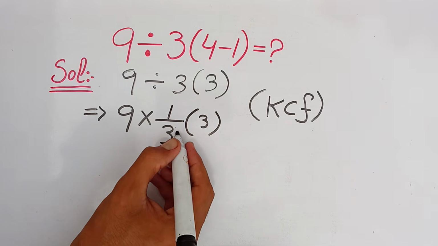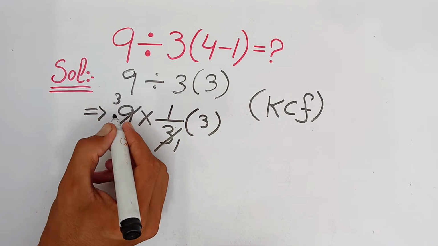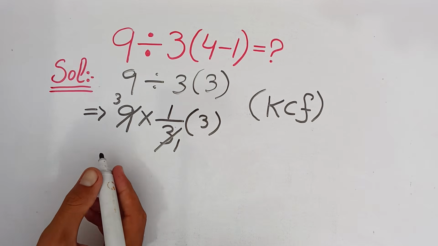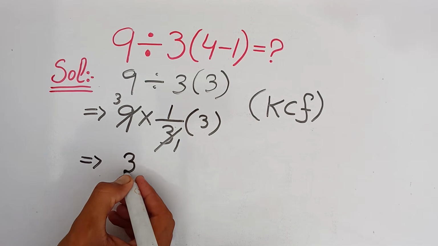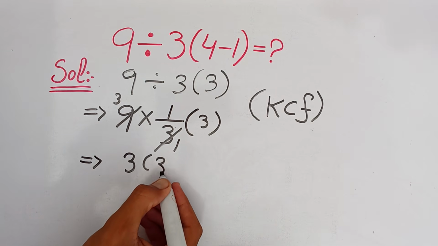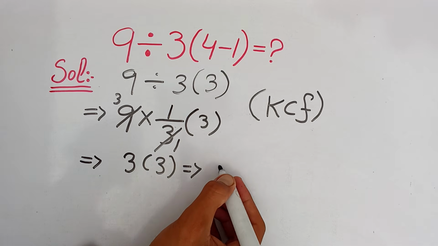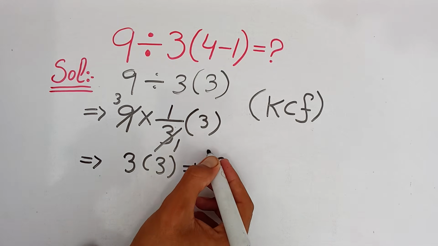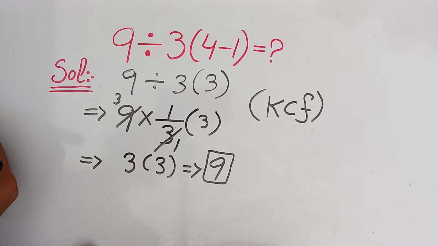Here 3 and 9 cancel with each other and it becomes 3 times 3. So 3 times 3 is equal to 9. Student, this is our final answer of this expression.